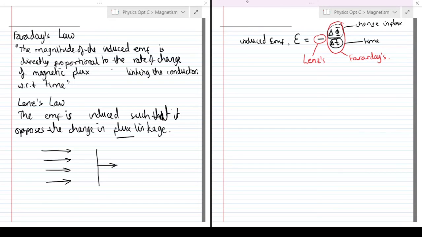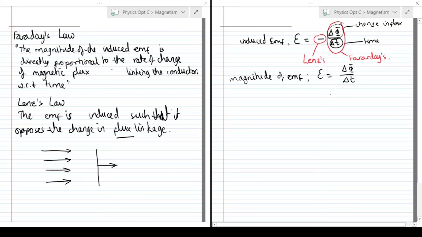Now, usually you don't apply the equation in this form with the actual negative sign, because what you are really interested in is just the magnitude of the induced EMF. So for the magnitude, you just leave out the negative sign. The magnitude of the EMF, E, is delta phi over the time taken, right?